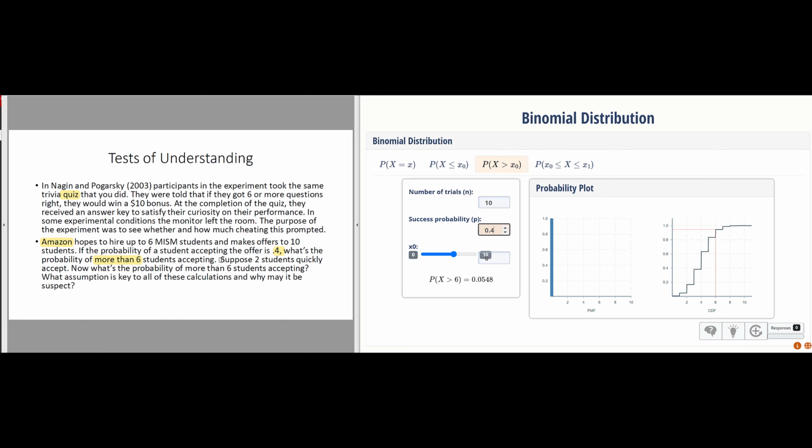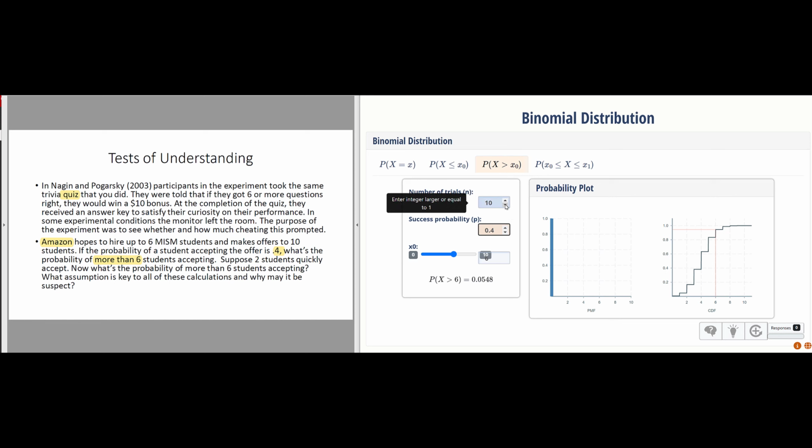Now we're going to change the rules a little bit. Suppose 2 students quickly accept, and now what's the probability of more than 6 students accepting? Well, in this case, 2 students have already accepted. So the problem now changes to we have 8 students remaining.